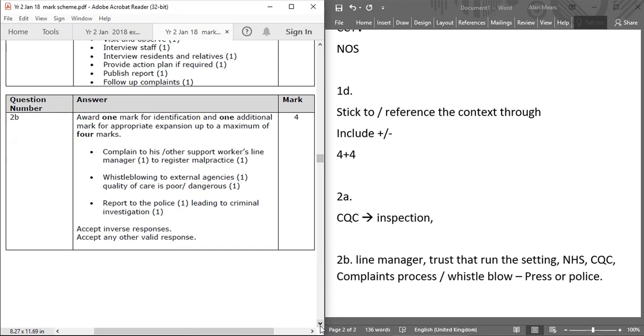Whistleblow to external agencies about the care. Report to police leading to an investigation. So actually, what I probably should have done is say what he might complain about. But either way, you're identifying the process that they would use to raise a complaint, and you might talk about who they would complain to.